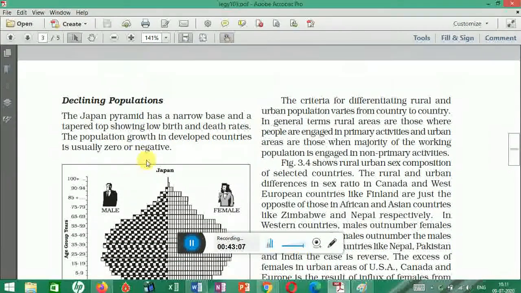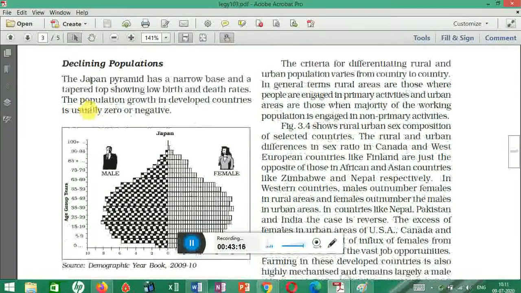The third type of population pyramid is known as the declining population. Such a population pyramid you will find in the case of Japan. Declining population means the population is decreasing. The Japan pyramid has a narrow base and a tapered top, showing low birth and low deaths.